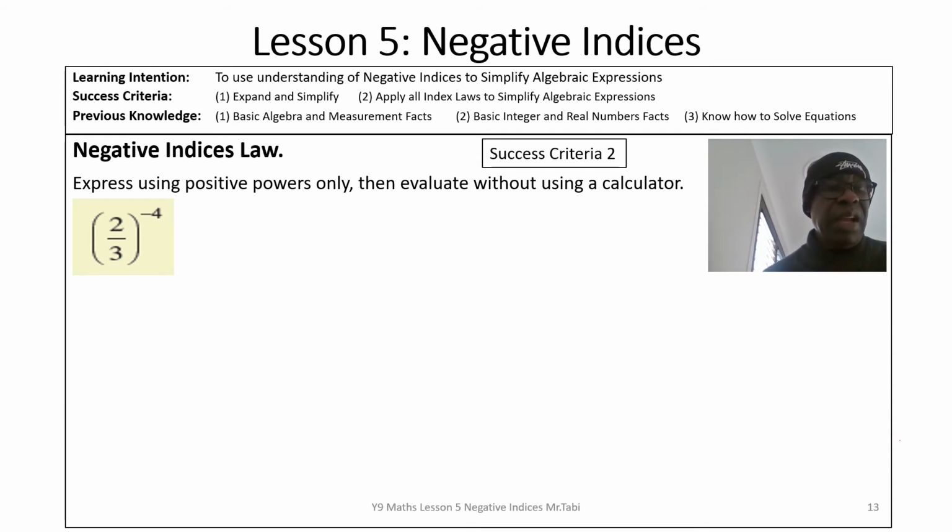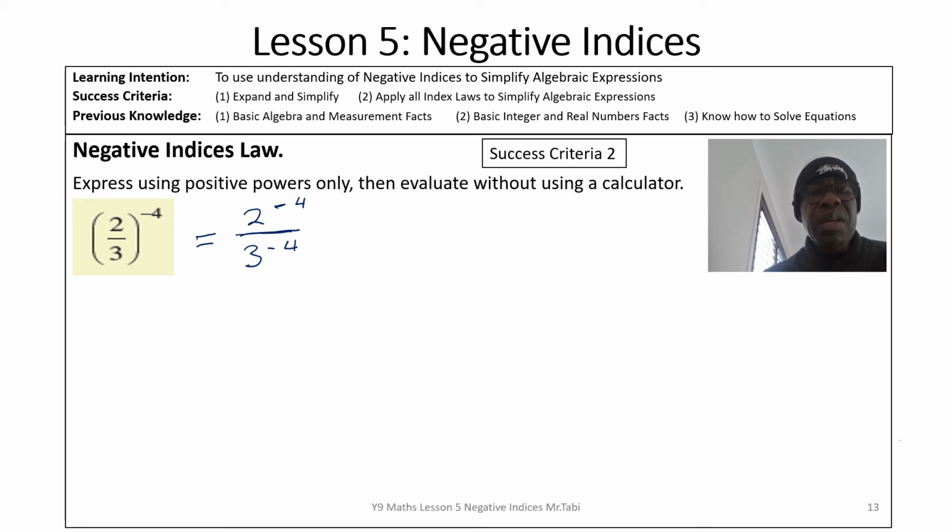Right, be careful again with this. So this is simply 2 to the power minus 4 over 3 to the power minus 4 if you're using index law, I think it's index law 3.